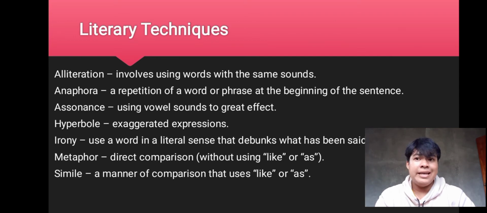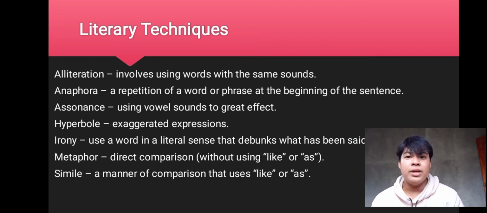Anaphora works as a literary technique that allows writers to convey, emphasize, or reinforce meaning. This word repetition at the beginning of each phrase in a group of sentences or clauses is a stylized technique that can be very effective in speeches, lyrics, poetry, and prose.